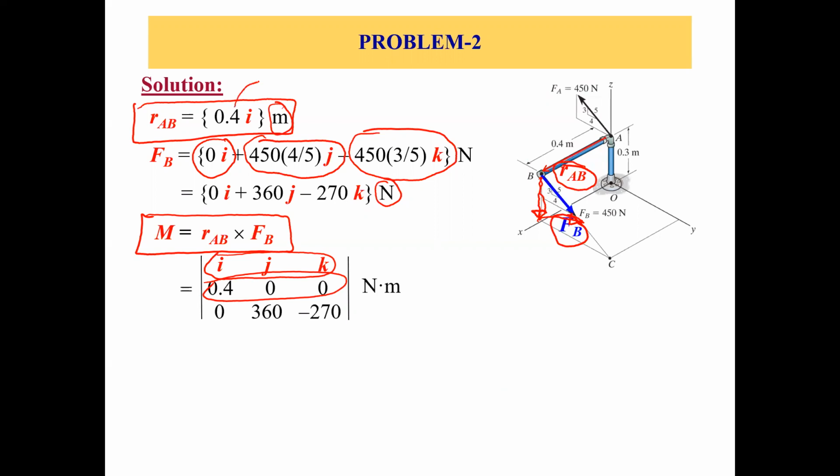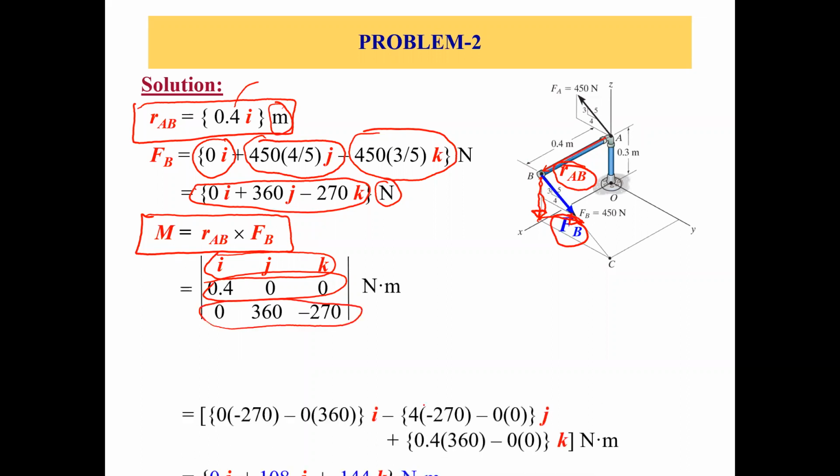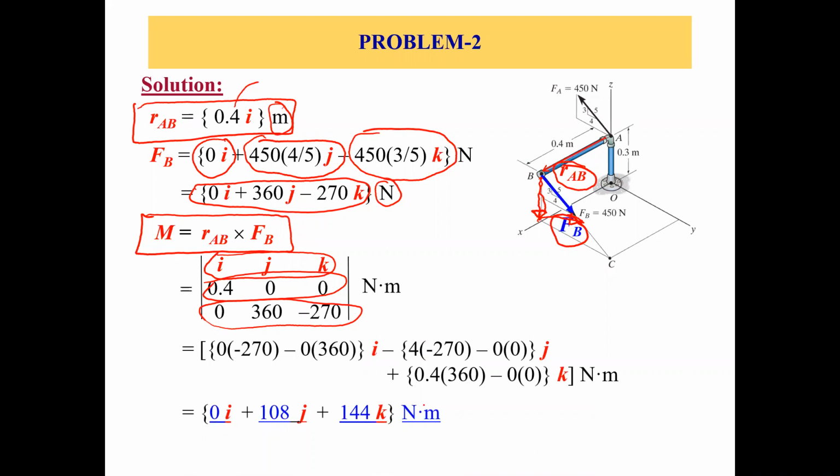We only have 0.4, and the next two entries are 0. Then we have the third row, which is the force vector: 0, 360, and negative 270. Now just simplify that and expand this determinant in this fashion.